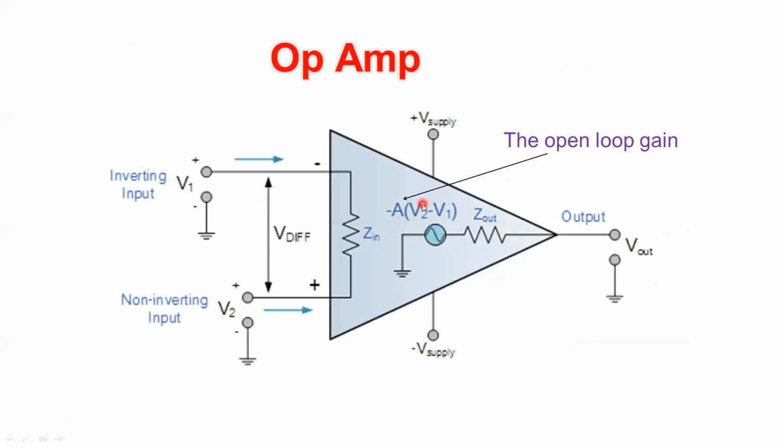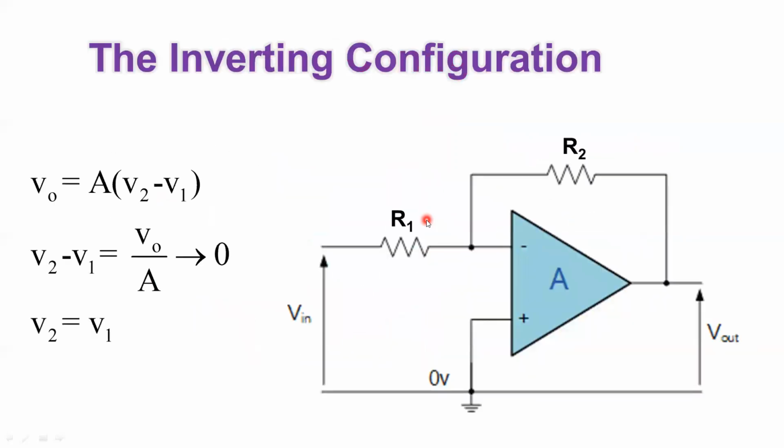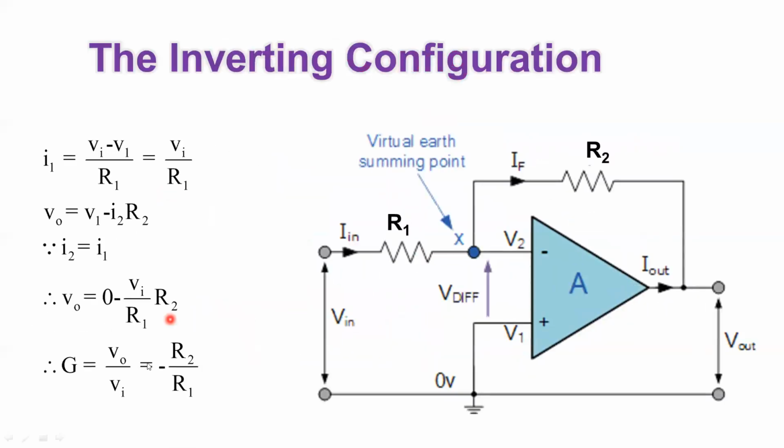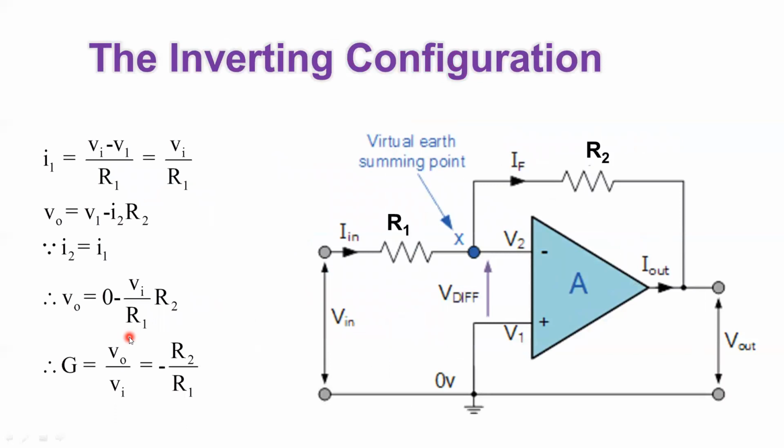If you remember, we say that for an ideal amplifier, we have three assumptions: infinite input resistance, zero output resistance, and infinite gain. What if this gain is not equal to infinity? Then you cannot say that V2 is equal to V1. V2 is equal to V1 only if the open loop gain is equal to infinity. But now what if the open loop gain is not equal to infinity?